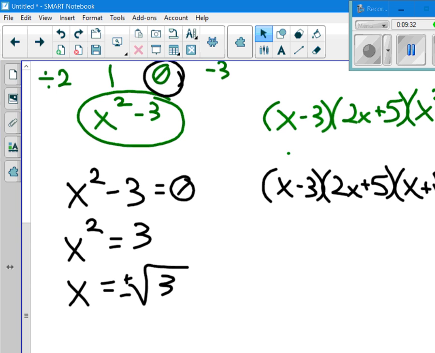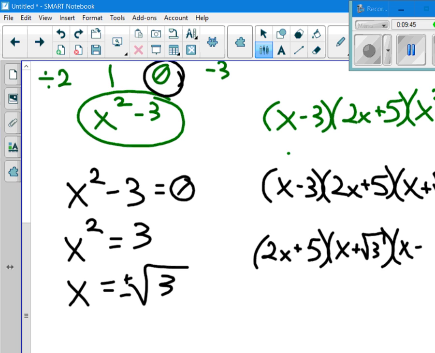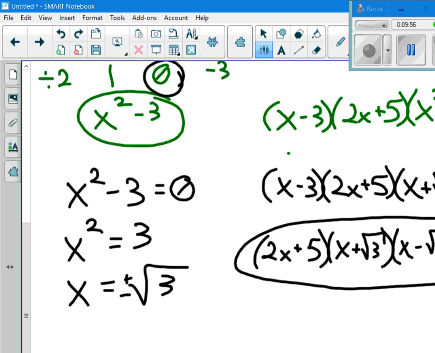So when I rewrite this, my final answer is 2x plus 5, x plus square root of 3, x minus square root of 3, and x minus 3. And so then that would be my final answer.